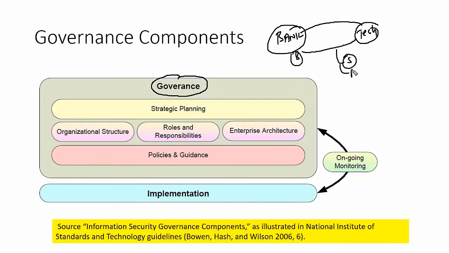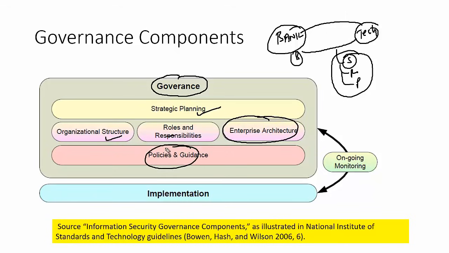We need a risk function. We need people. That is basically called governance. So governance is all about strategic planning. Governance is all about roles and responsibilities and organization structures. We need an enterprise architecture. We need a policy and guidance by which we implement the functions in the organization.